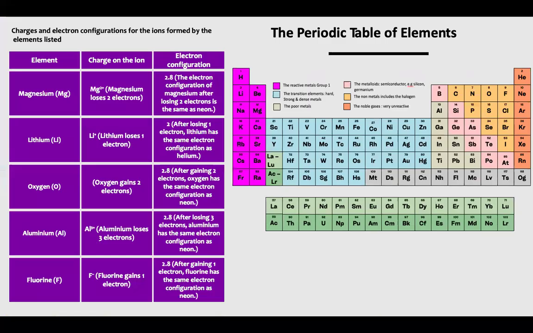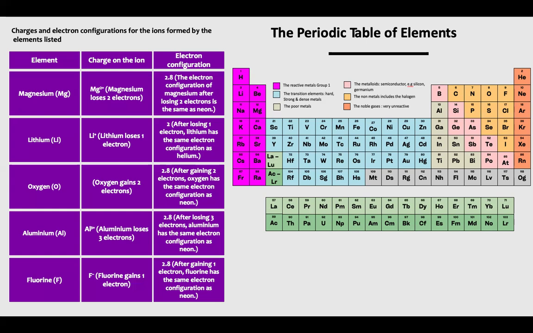And these are some examples to find the charges and electron configurations from the elements listed. We have here magnesium, lithium, oxygen, aluminium, and fluorine. For magnesium, it loses 2 electrons.